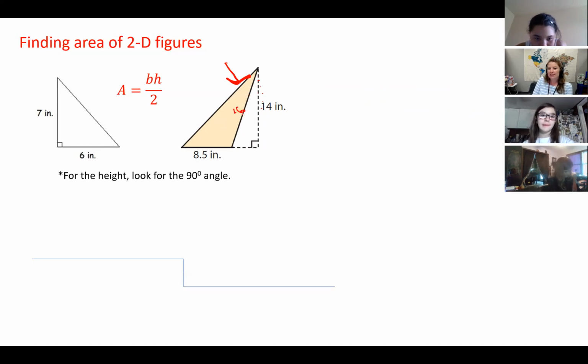But if you say the height is 16, that's not right. You have to find a right angle for the height. Always, always, always. Okay. So let's use our little handy dandy calculators. All we're going to do is multiply our base times our height, and divide by 2. So please find the area of these triangles.